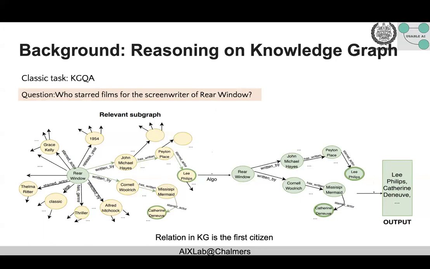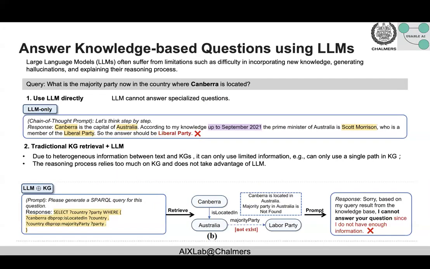We start from the entity here, Rear Window, and we find that it was written by two people. Then we find that they have written another book, and that is acted by some actors. In this way, we can find the final result on the knowledge graph.